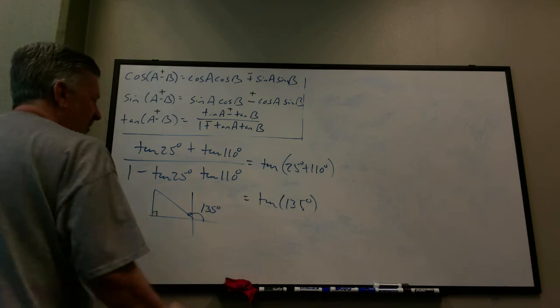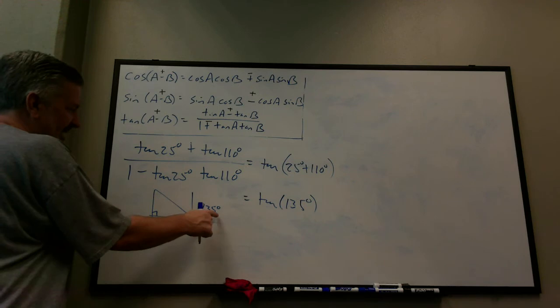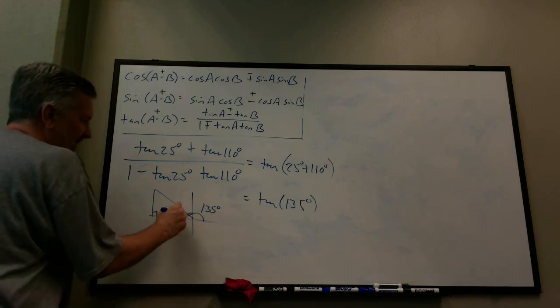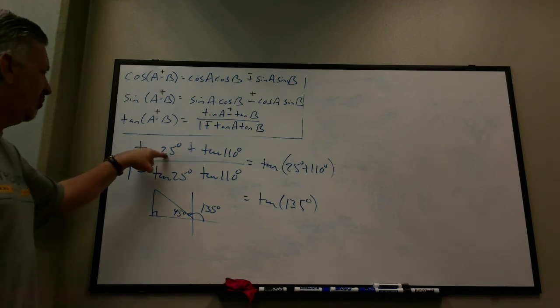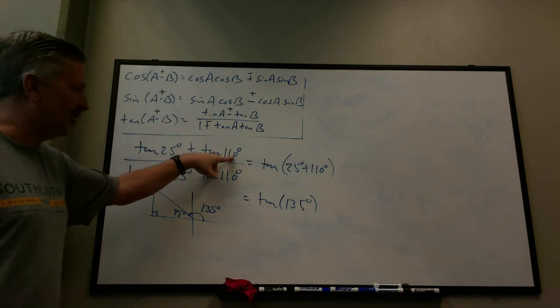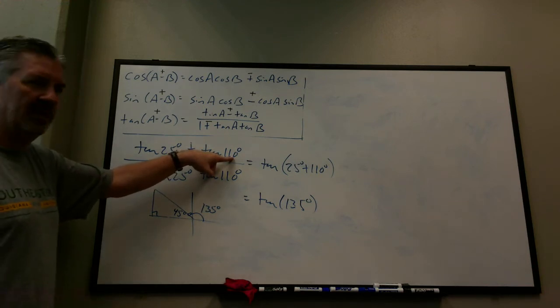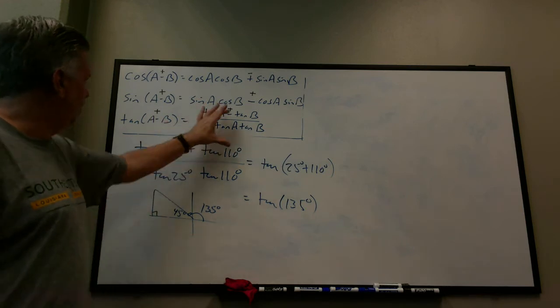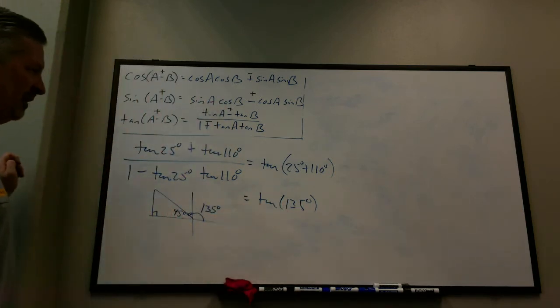What's the reference angle of 135 degrees? 180 minus 135 is 45 degrees, and we're in business. So this didn't involve a special triangle or quadrantal. 110 degrees did not involve a reference angle with a special triangle or a quadrantal. But when we use the formula to go back to this side, the angle I get does involve a special triangle, so we can figure it out.